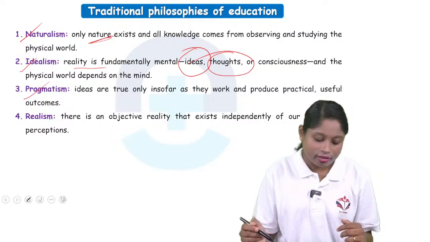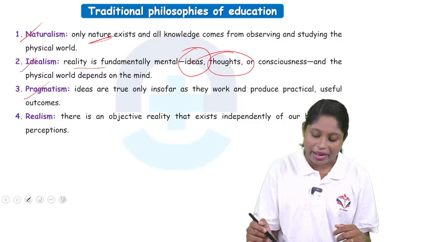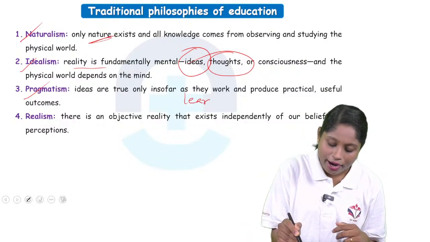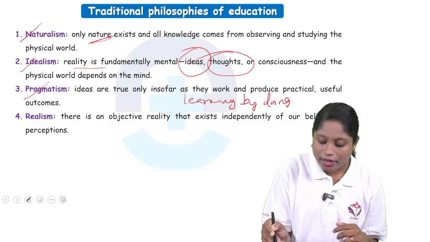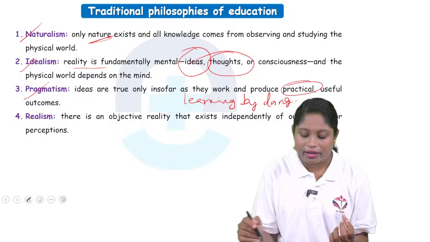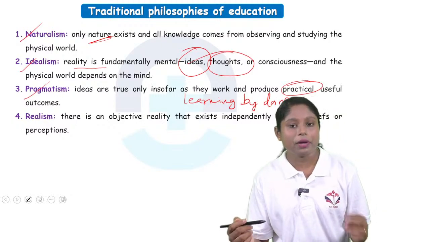Next is pragmatism. Ideas are true only insofar as they work and produce practical, useful outcomes. So here it is learning by doing. Like we need to study the theory, along with that we need to have practicals. So a practical, useful outcome should come. That is pragmatism, learning by doing.